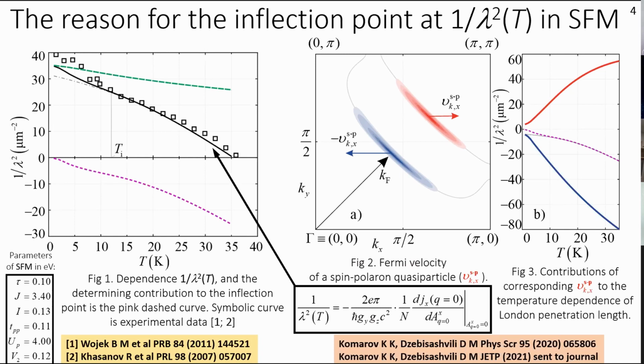The existence of the inflection point in the temperature dependence of the inverse square of the London penetration depth is due to a feature of the Fermi spin-polaron excitation spectrum, and therefore can work as a manifestation of the spin-polaron nature of Fermi quasi-particles in cuprate high-temperature superconductors.